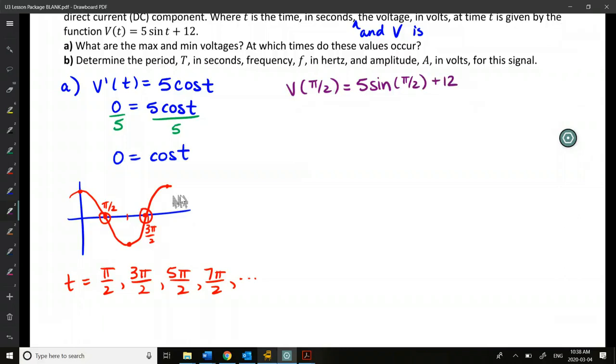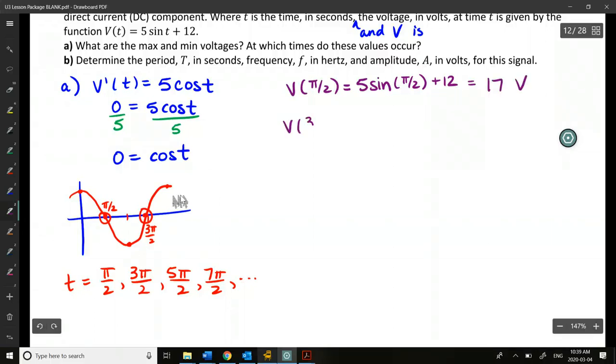Sometimes it will ask you for the first time which that occurs, so you would just be focusing on these first times here. Okay, so the first one, we'll see whether this gives us a maximum or a minimum. So we should get 17 volts from this.